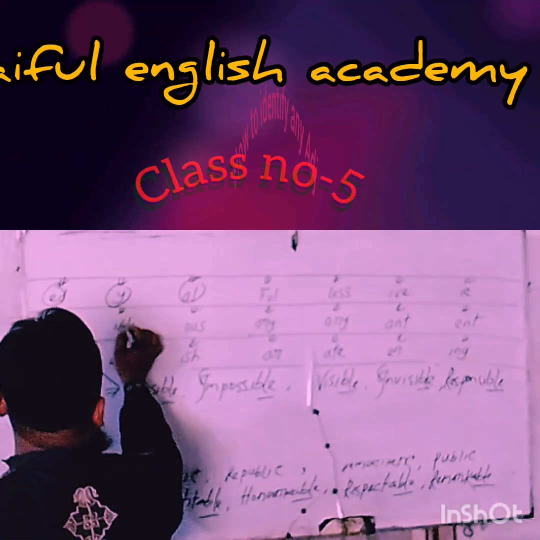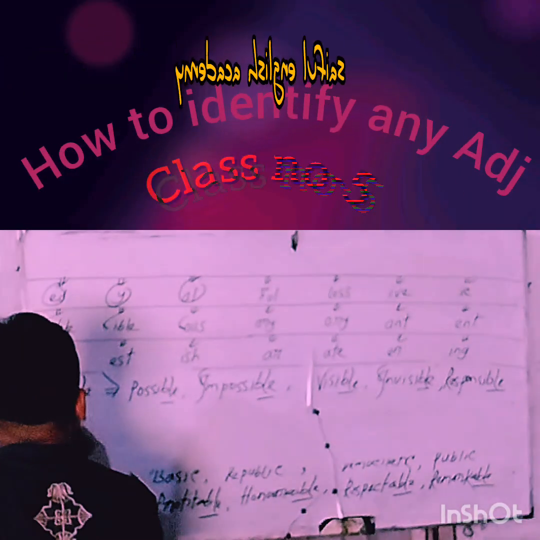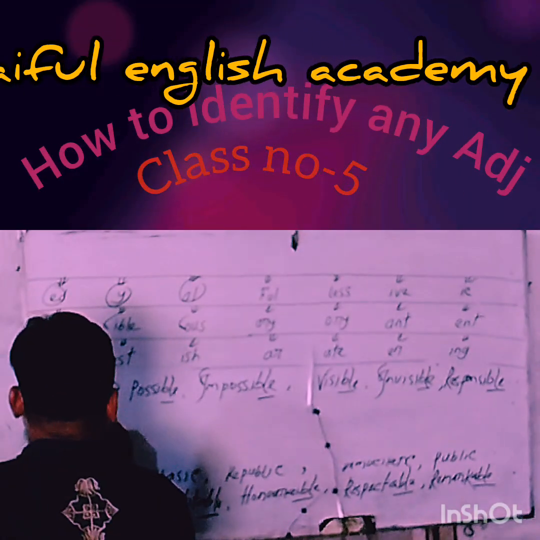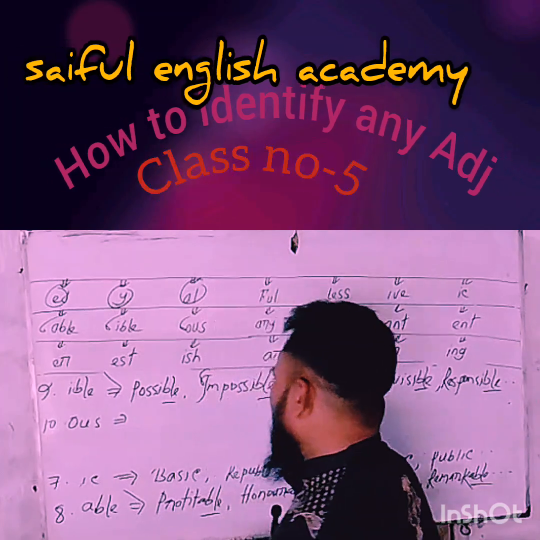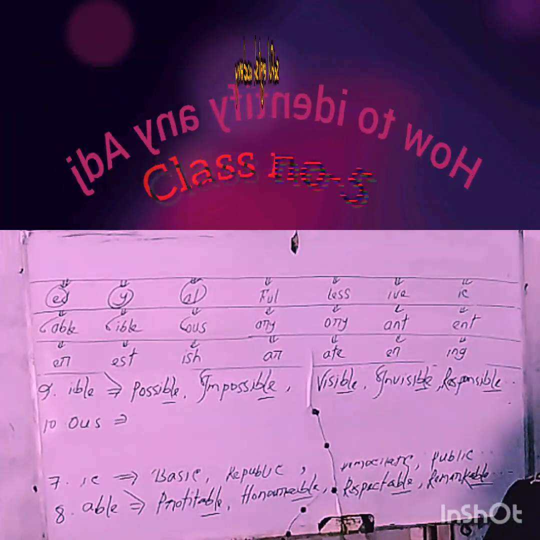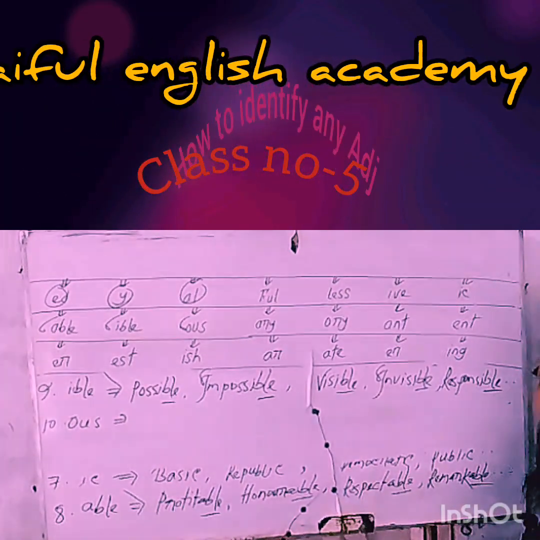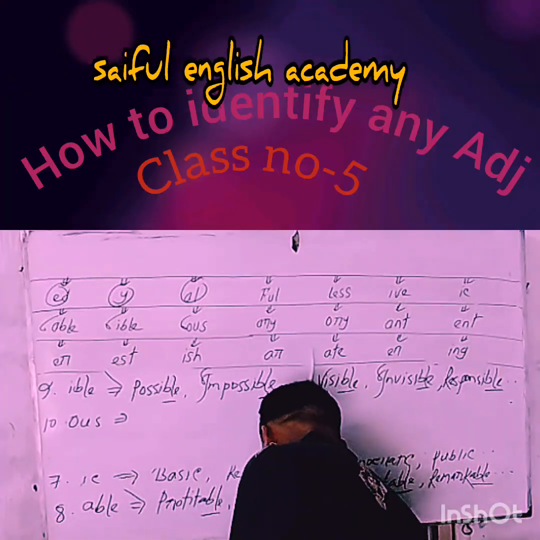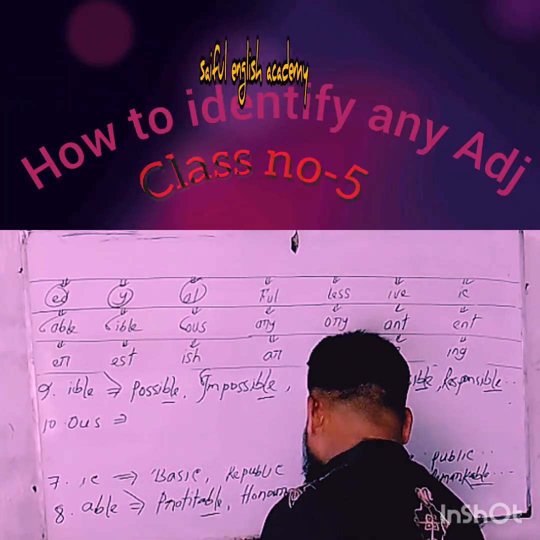Now think about your next suffix, O U S: ous. You have to keep in mind that this suffix is very important to identify various kinds of adjectives.